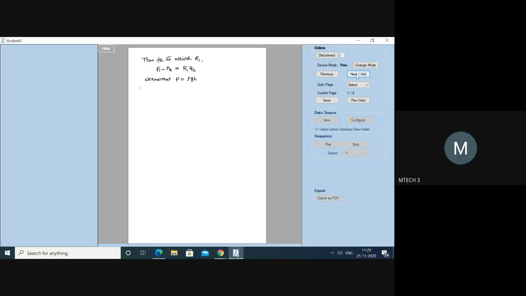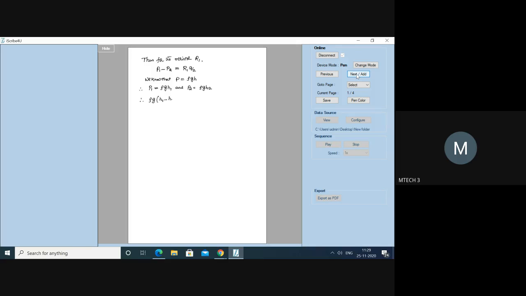Therefore, P1 is equal to rho g H1 and P2 is equal to rho g H2. Therefore, P1 minus P2, what is going to happen? Rho g, I will take it outside.